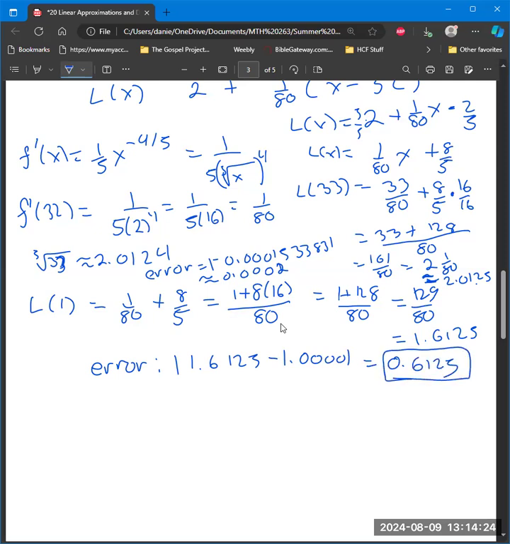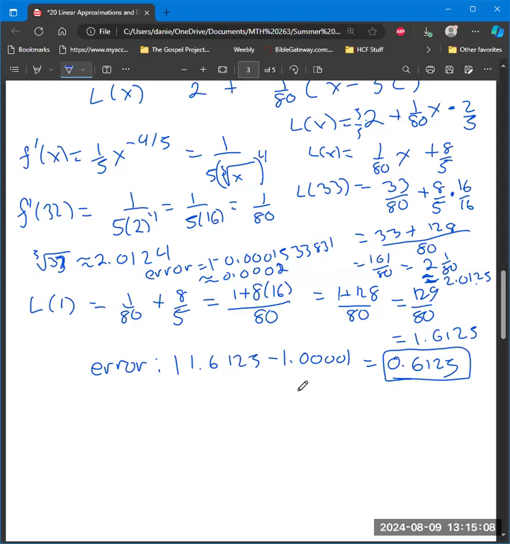That error is not so good because I went so far away from where my approximation was based, the fifth root of 32. I'm too far away. So I would need to set up a linear approximation closer to 1 if I wanted a good approximation of the fifth root of 1, which I don't need, because I know exactly what the fifth root of 1 is. But I know exactly what the fifth root of 32 is. The fifth root of 33 is really close. I got a really good approximation there, within 2 10,000ths.